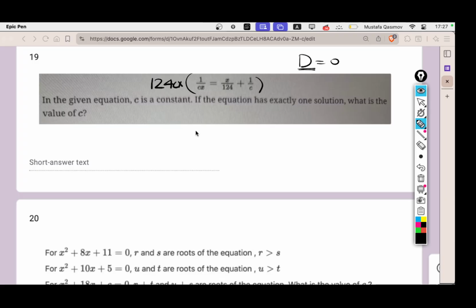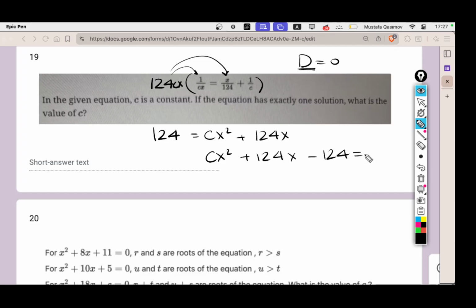Multiply it by 124cx. Then, is it clear for everyone?